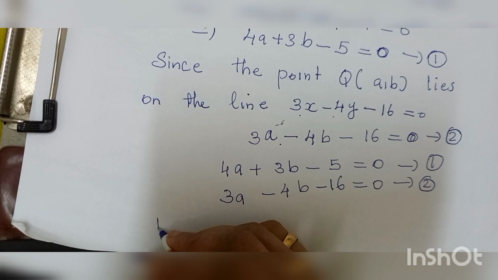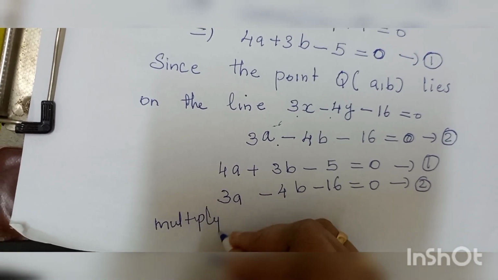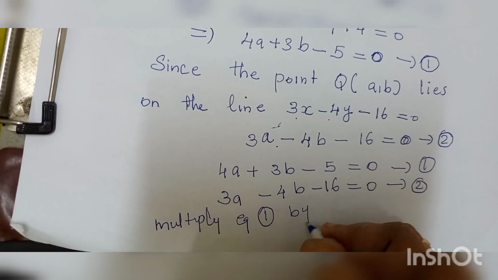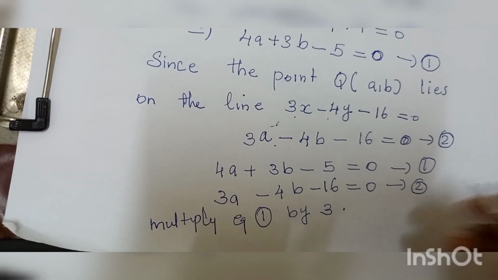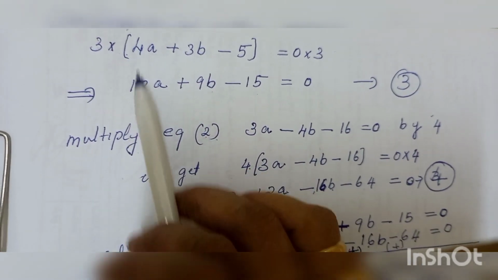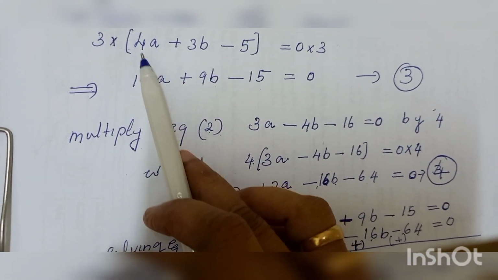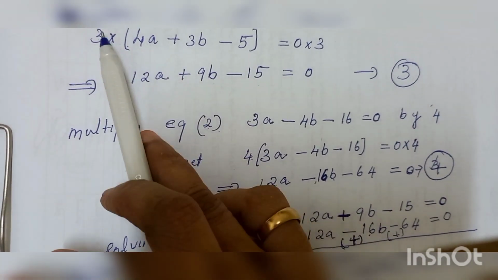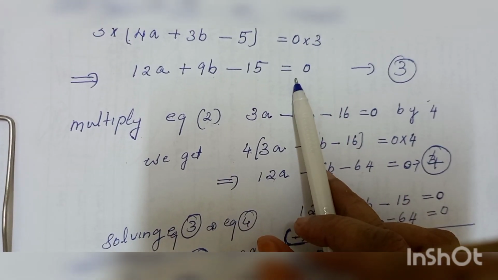Then multiply equation 1 by 3. So we get 3 4s are 12a, 3 3s are 9b, 3 5s are minus 15, which is equal to 0; 0 into 3 we get 0 only.